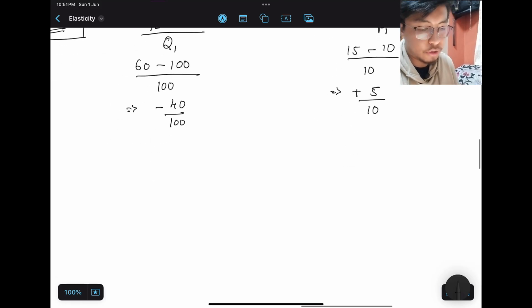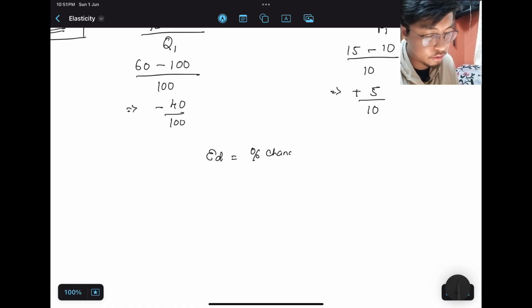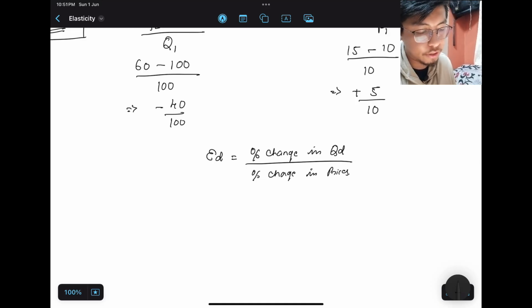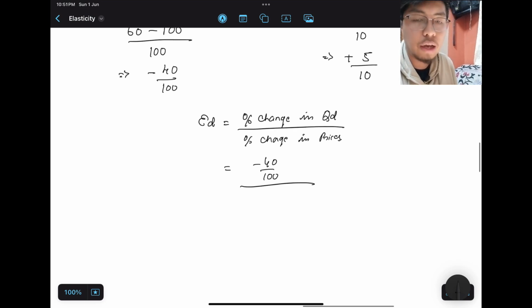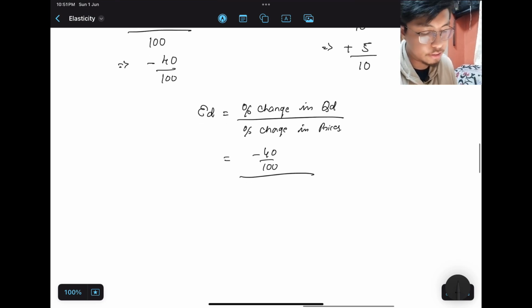So how do you calculate your elasticity of demand? It is the percentage change in quantity demanded to percentage change in prices, right? What is your percentage change in quantity demanded? It is minus 40 upon 100. That is what you have found. And what is your percentage change in prices? It's 5 upon 10.